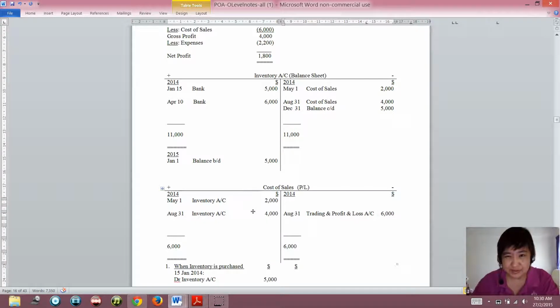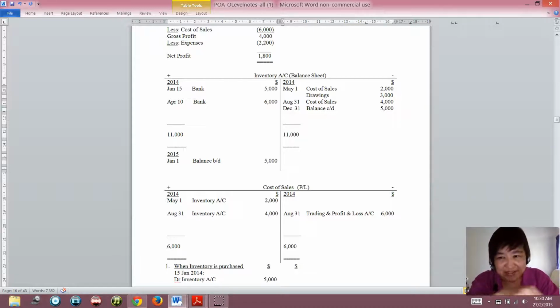So that 3,000 should not be cost of sales. It should be correspondingly debited to drawings, here, 3,000. Do you understand or not?